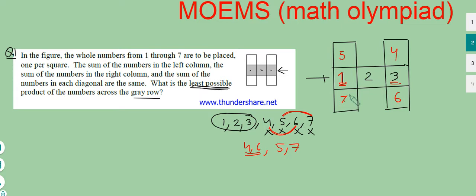So this also fulfills the criteria given in the question, which means 1, 2, 3, the product of 1 through 3 is 6, and that is the least possible product in this case. If you take any digits other than 1, 2, 3, the product won't be the least possible. So that is our answer.